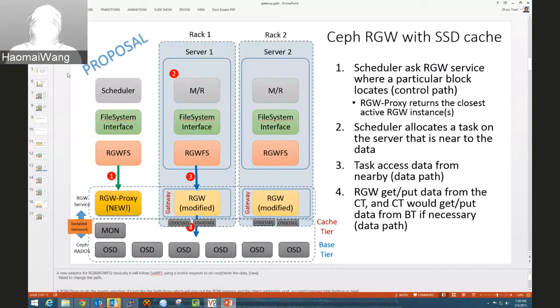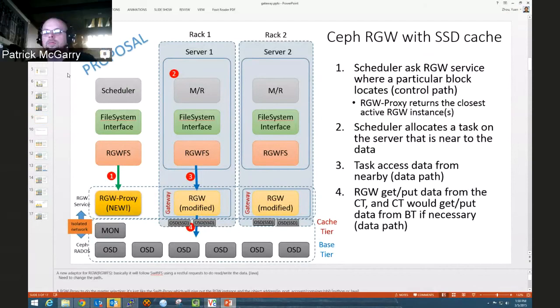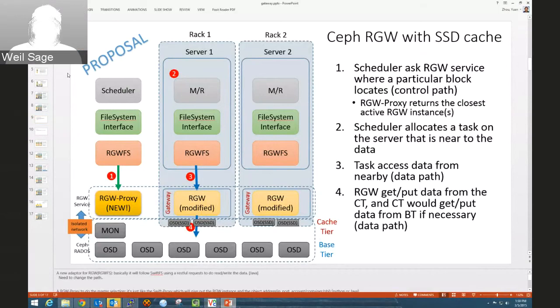And the alternative you're suggesting would be to have Hadoop talk directly to Ceph RGW, like using their existing plugin, or would you still? Let me clarify one thing here. The MapReduce clients cannot access the Rados classes directly. The only way they access the backend store is through the gateway. That's why we're using RGW here.